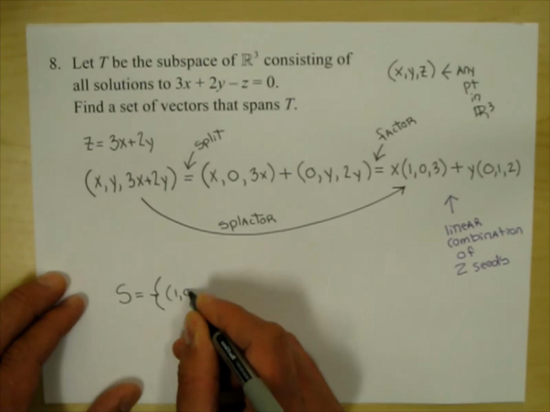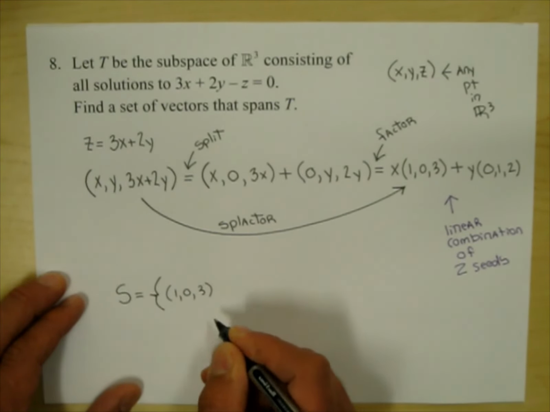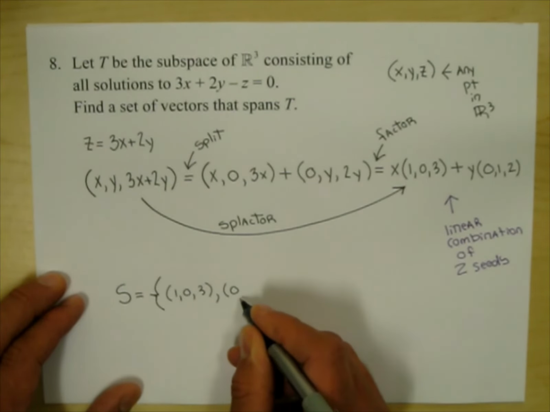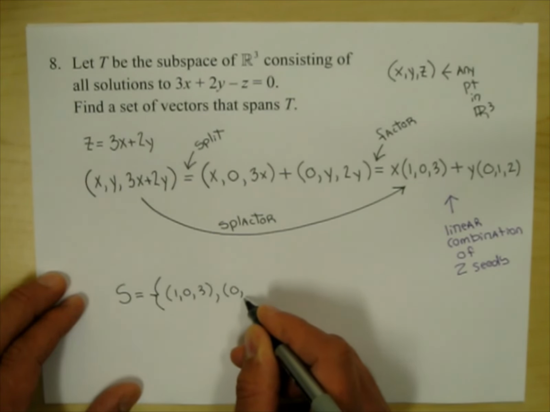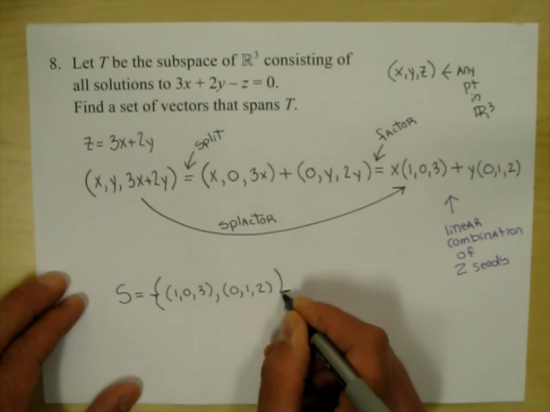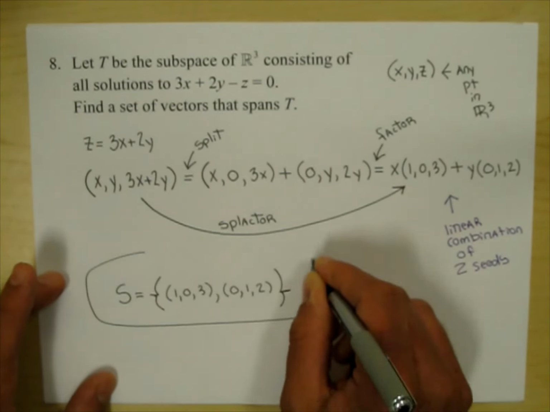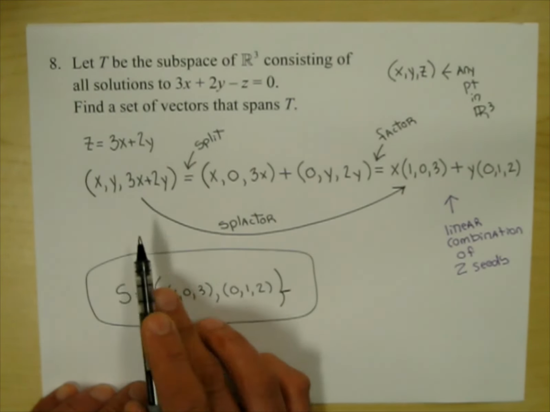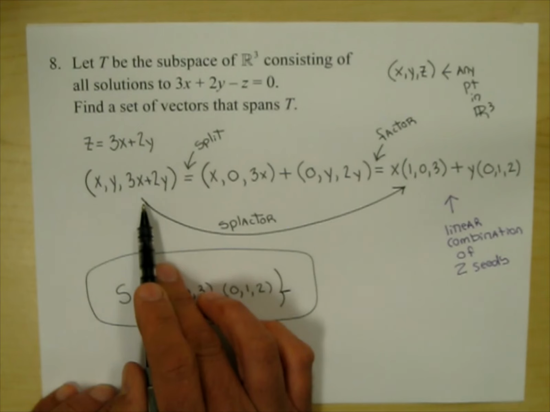Red. Some of you are like, just knock off the color analogy, Joe. I don't know what you're talking about when you say red. We found 1, 0, 3, and 0, 1, 2. There's our answer. And there's two elements in there, but there's infinitely many vectors on that plane.